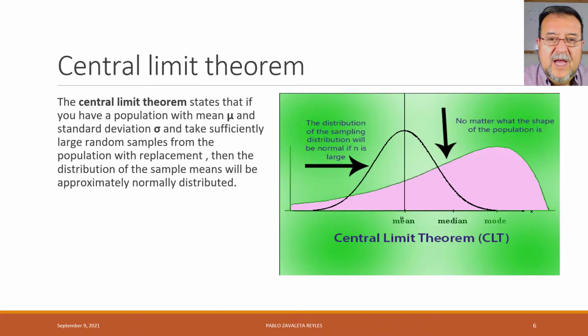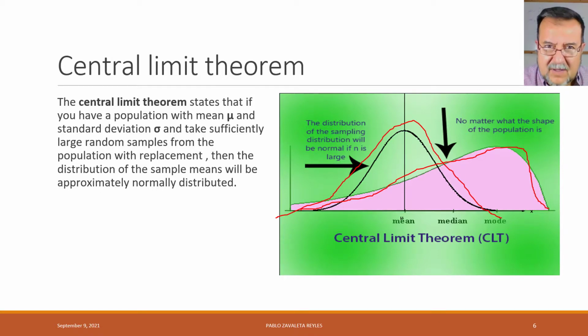It doesn't matter what form, what shape of the population we really have. As long as we have a sufficiently large population, then its behavior will be normal. That's the central limit theorem affirmation, and it helps a lot.